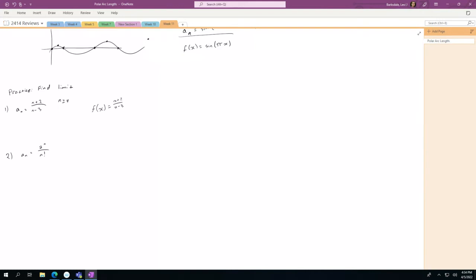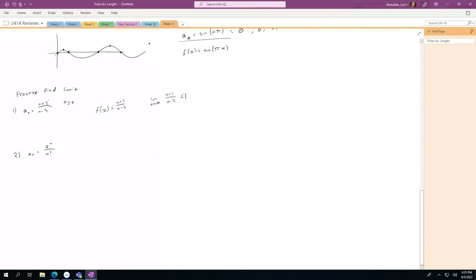You learned this one, I know. I mean, you can't find it of that. You have to use algebra. Or, well, I guess you don't have to. You can just divide by x, but same thing either way. And what do we get? 1. Right? And because we have a function and we showed that its limit was 1, the corresponding sequence must also have limit 1. Make sense?